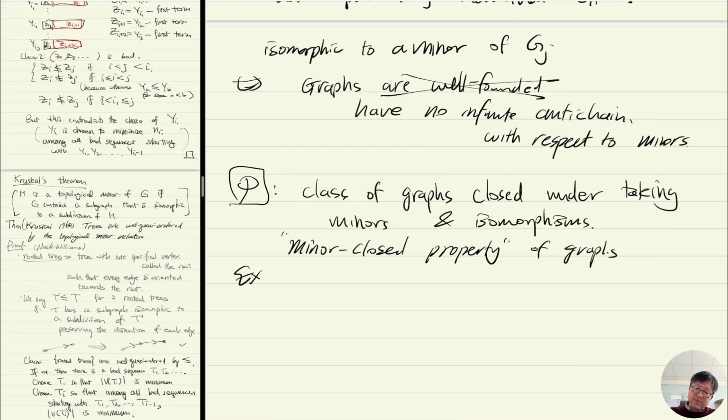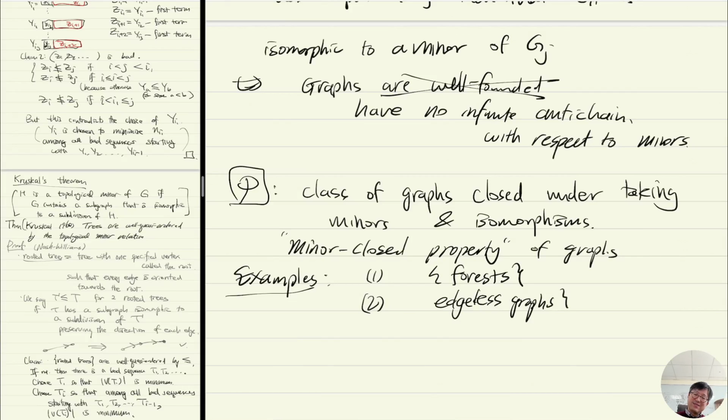Right, so here are some examples. For instance, the set of forests. This is a minor-closed property of graphs because every minor of a forest is a forest. Or edgeless graphs, trivial classes, right? Or planar graphs.